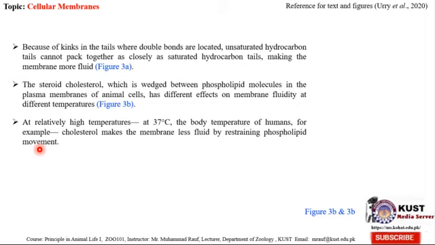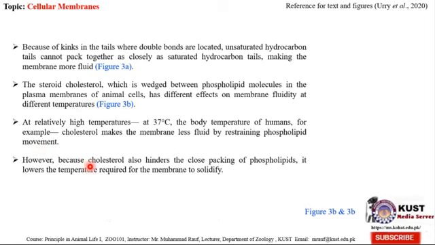So what is the prime role of cholesterol? The prime role of cholesterol is to decrease the movement of the individual phospholipid molecules, and thereby the fluidity of the membrane is decreased.